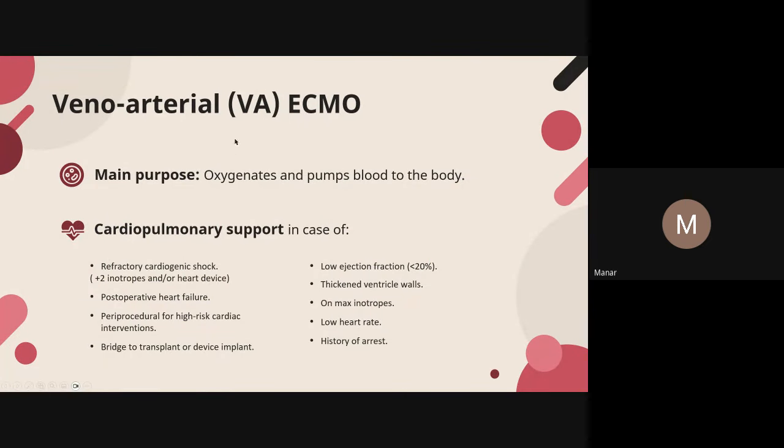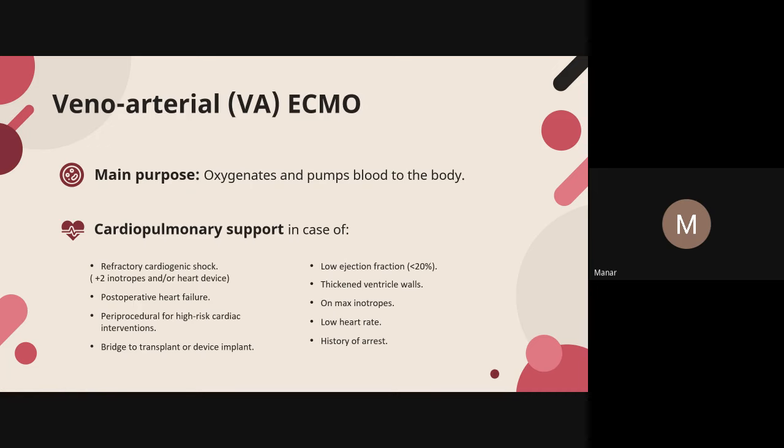As for the venoarterial ECMO, it takes blood from a vein and returns it back to an artery. The main purpose of the VA ECMO is to oxygenate and pump blood to the body, meaning it gives support to the cardiopulmonary system, not only the pulmonary system. So we can use the venoarterial ECMO in case of refractory cardiogenic shock when the patient is on more than 2 inotropes and/or has a heart device.